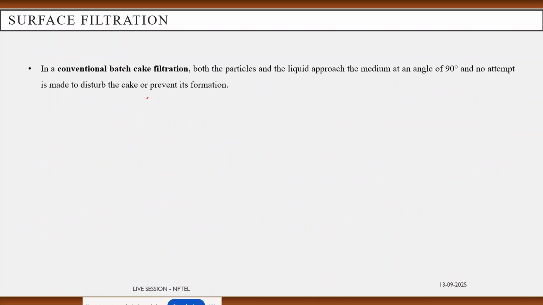So in the conventional surface filtration process, which is the batch cake filtration process, both the particles and the liquid approach the medium exactly vertically, at a 90-degree angle, and no attempt is made to disturb the cake or prevent its formation.